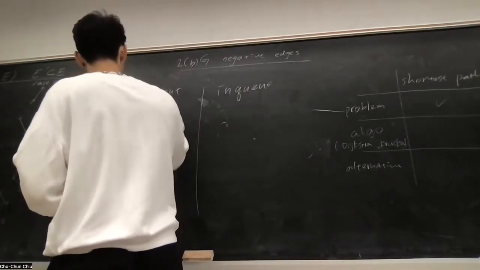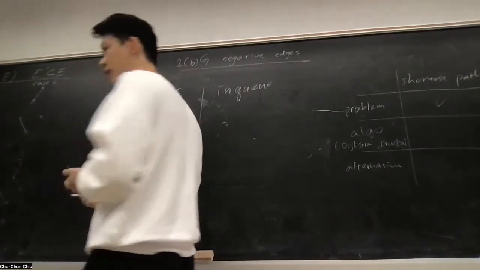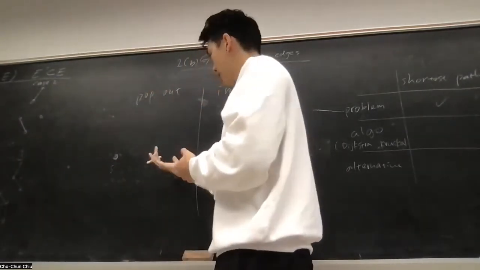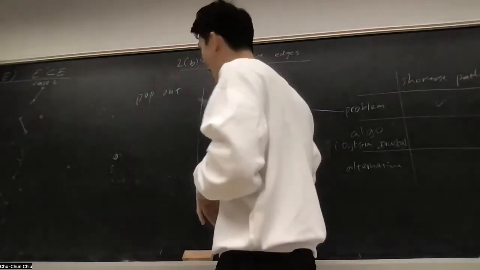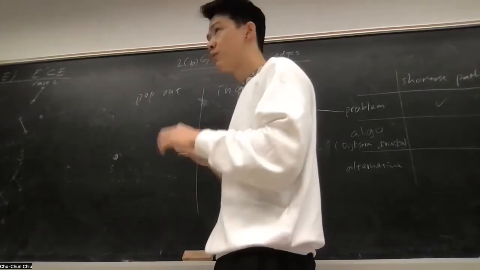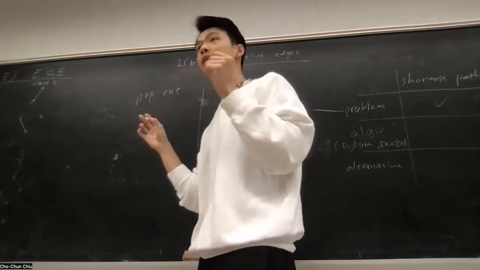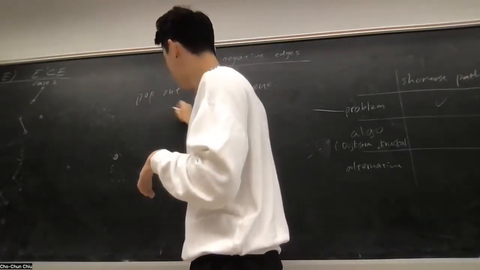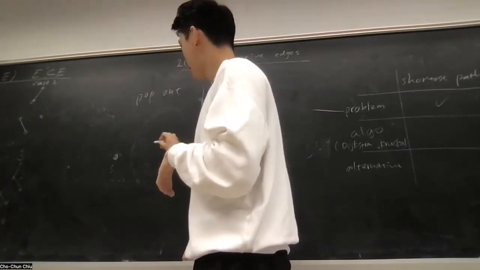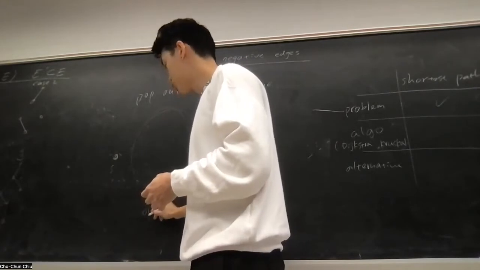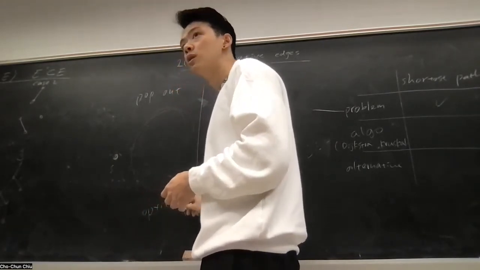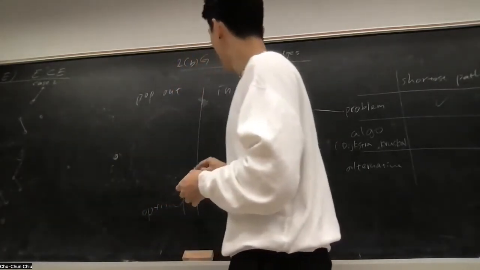Initially we have the source, and then we pop out the source, and then we start updating the neighbors. Every time we pop something from the priority queue, that means those edges are already optimal. The shortest path we already know, right?